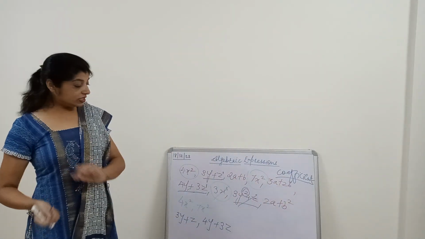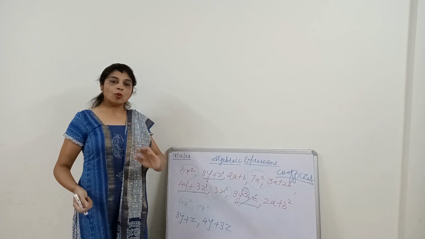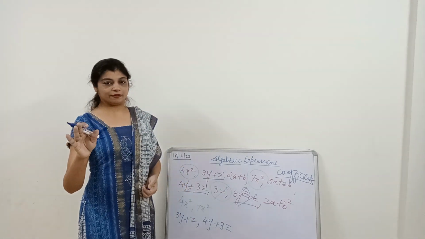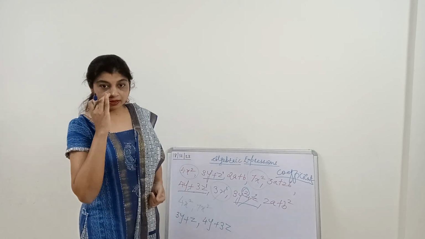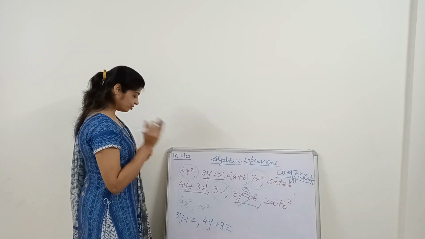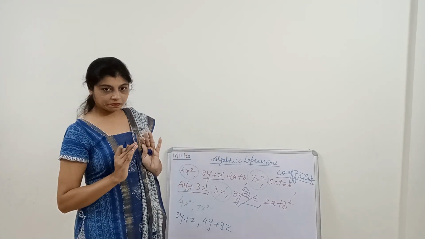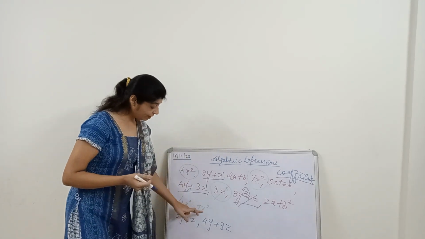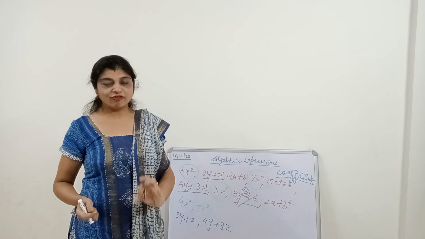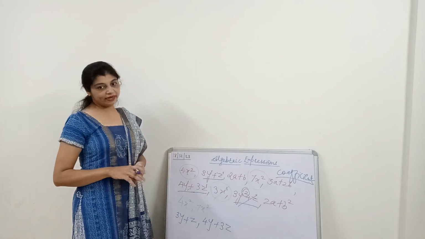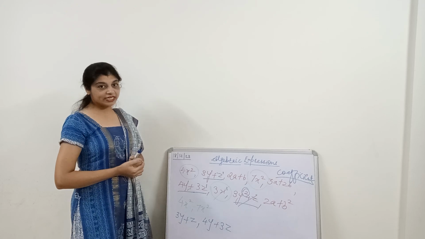Coefficients are the constants always written before the variables. They can vary, which means they can change. So it's 4 and it's 7 here. It doesn't matter, but your variable must be the same alphabet with the same power. So 4x squared and 7x squared are like terms.